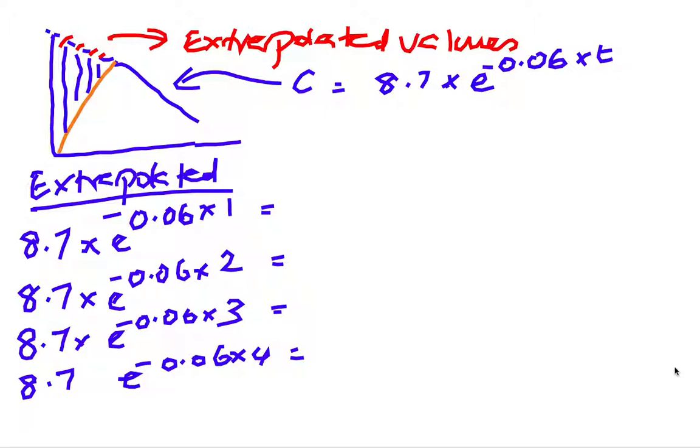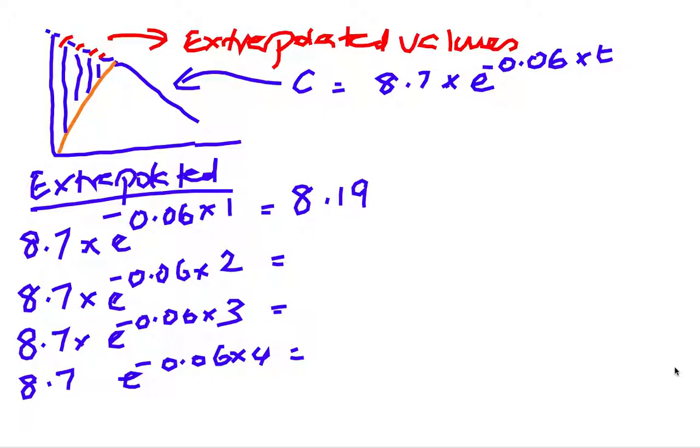Before that I need to do the calculation, the math. 8.7 times e raised to negative 0.06 times 1 is, I'm going to round it to 2 decimal places, because in the data we have 2 decimal places, 8.19.